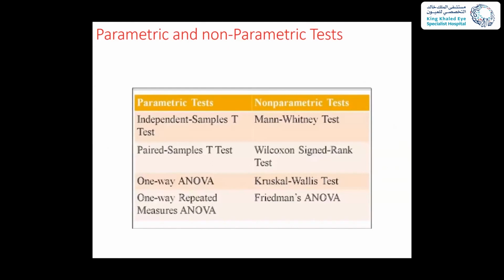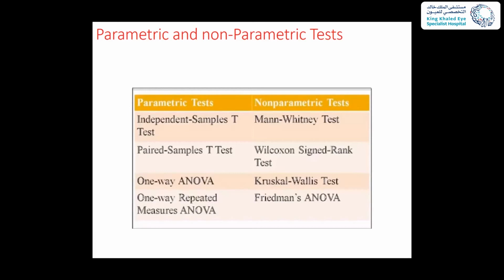You have the independent sample t-test when you have 2 different groups and the primary endpoint is measured by mean. You have the paired sample t-test when you take pre and post assessments on the same patient. You have one-way ANOVA when you are comparing 3 or more means for 3 or more groups, and one-way repeated measures ANOVA when you have repeated measurements over time.